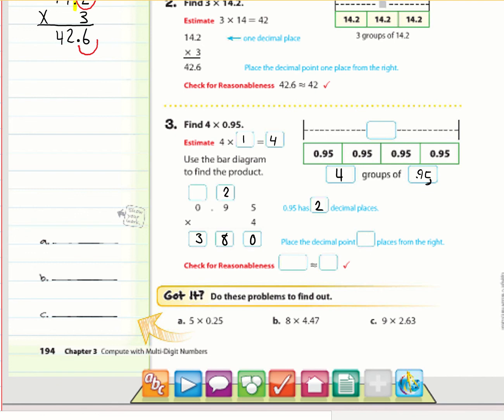So I'm going to place the decimal point 2 places from the right. So here's my decimal. I have 2 numbers to the right of it. So I'm going to go 2 places from the right and get my answer of 3 and 8/10. So is 3 and 8/10 close to 4? Yes, it is. So that's a good indication that the answer is correct.